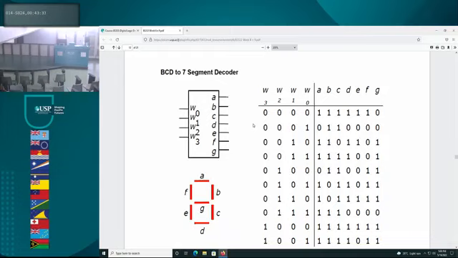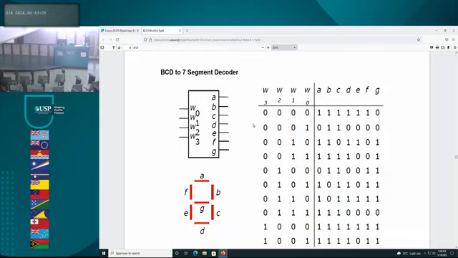You've done this in your tutorial, I believe. It was question 4 in your tutorial, right? So based on your code over here, let's say you have 0011, which translates to the number 3. How do we light up 3? It will be A, B, C, D and G. What will be happening to F and E?